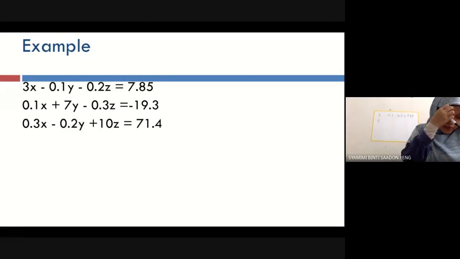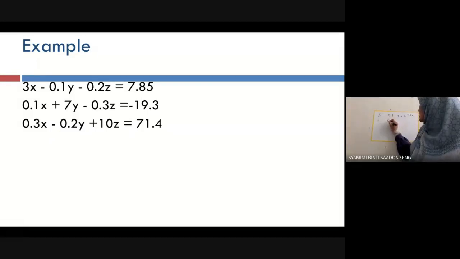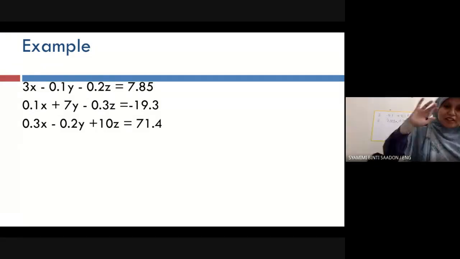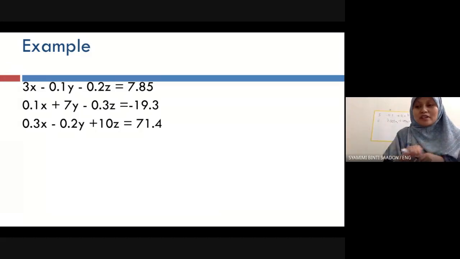So we will get 7.003 x2 minus 0.293 x3 equals minus 19.5 or something. At least you get a value close to that. Maybe it's not exactly the same, it depends on the coefficients you choose.